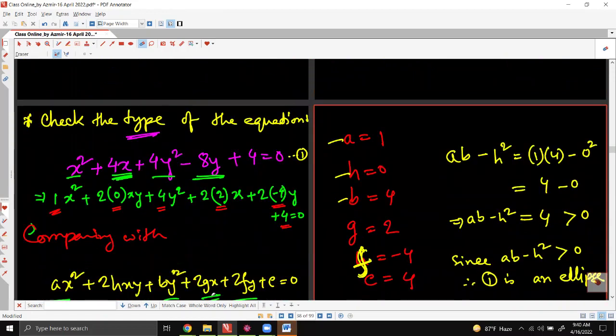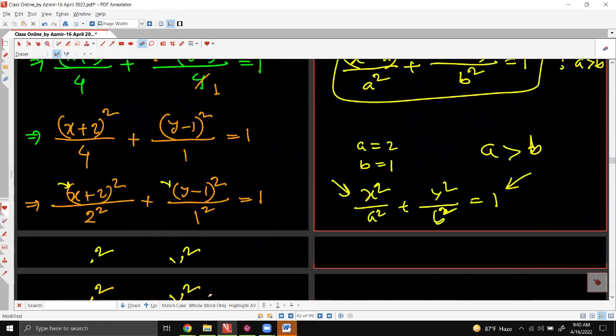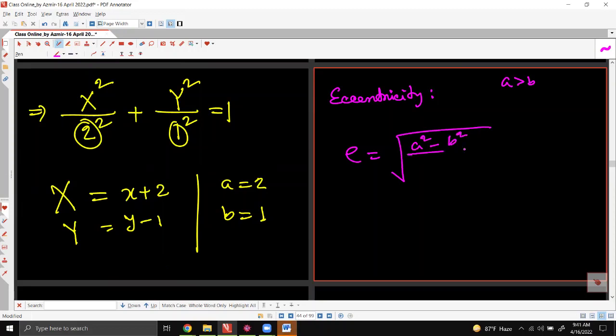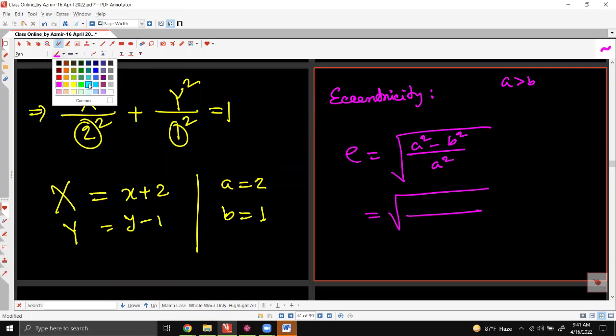So let us at first find the eccentricity. Eccentricity e, for a greater than b, is square root of a squared minus b squared over a squared. So we have to just place the values of a and b.